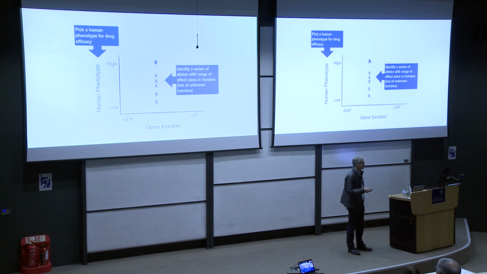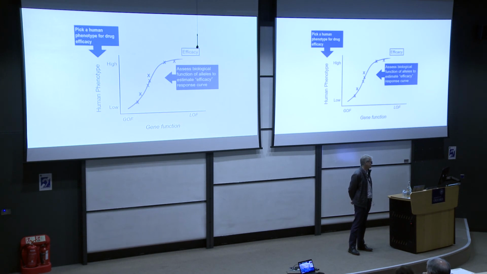But at this stage of the exercise, you really don't know anything about function. So you know an allele is associated with a trait. You might have a sense of the magnitude of that association in terms of the impact on the clinical phenotype. But then this is when you have to understand the variant-to-function part of this discussion, and understand where it distributes along this x-axis. So is it gain of function?